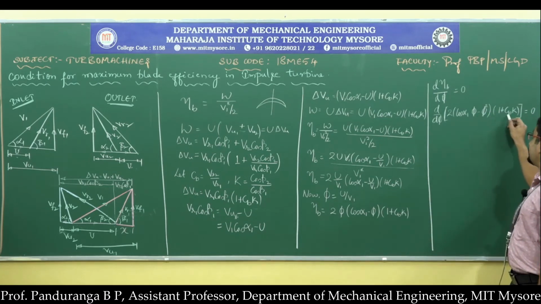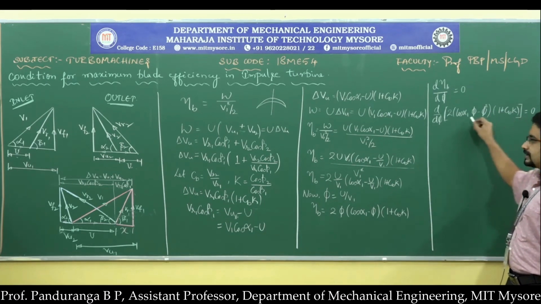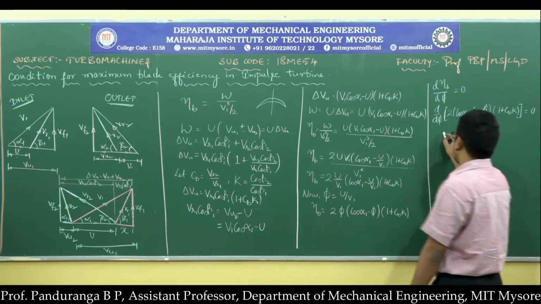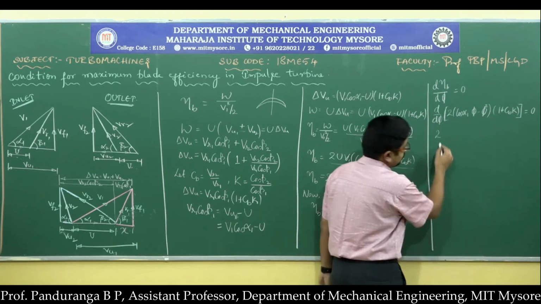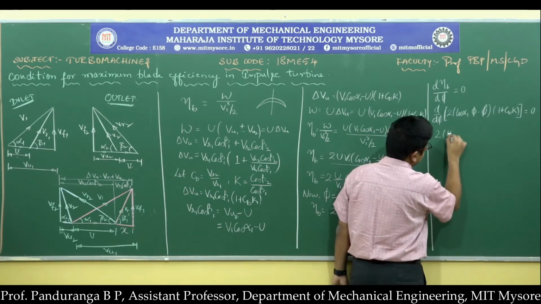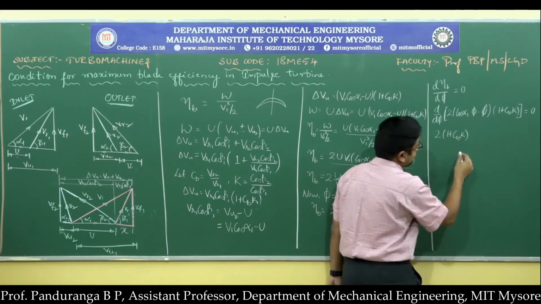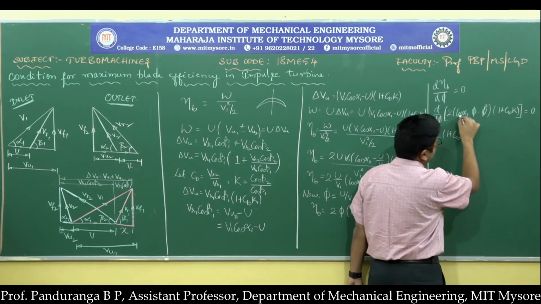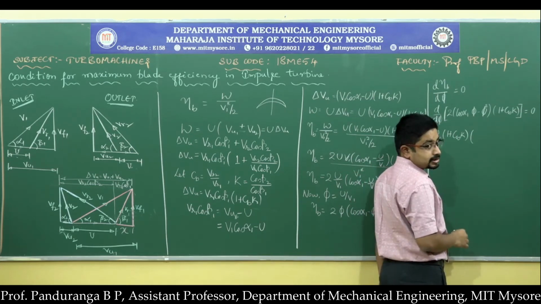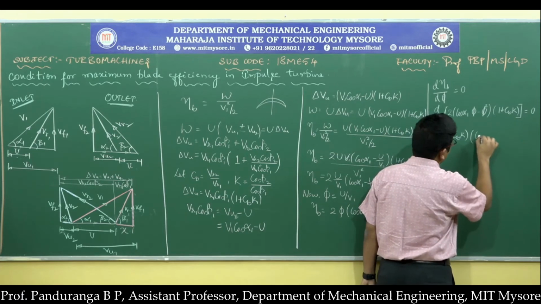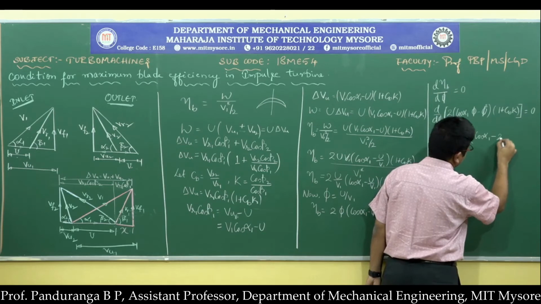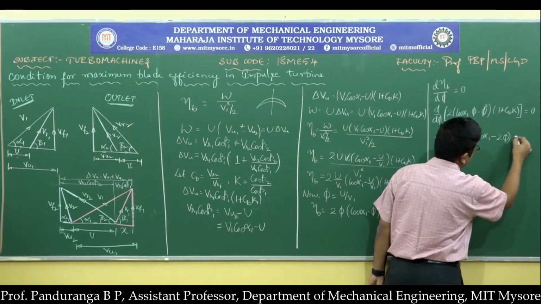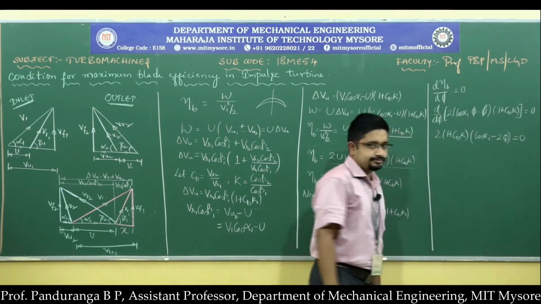Here 1 plus Cb into k is constant with respect to phi. So I can write the differentiated term as 2 into (1 plus Cb into k) multiplied by the differentiation of cos alpha 1 into phi, which is cos alpha 1, minus the differentiation of phi square, which is 2 phi, and this should be equal to 0.